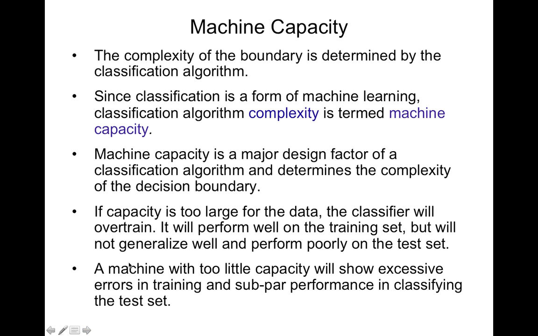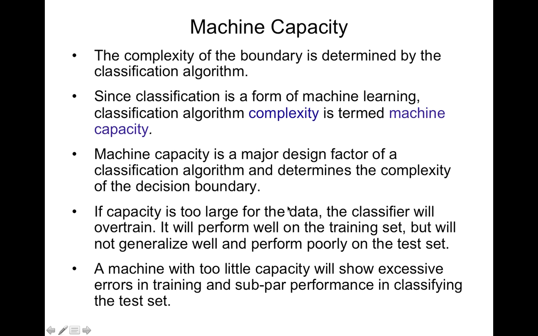So the complexity of the boundary is determined by the classification algorithm. And since classification is part of machine learning, the classification algorithm complexity is termed the machine capacity. So machine capacity is a major design factor of a classification algorithm, and it determines how complex the decision boundary can be.